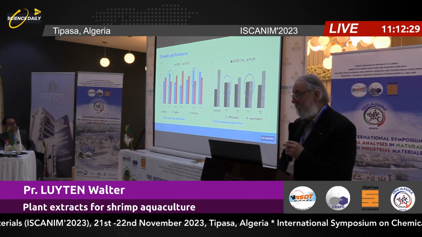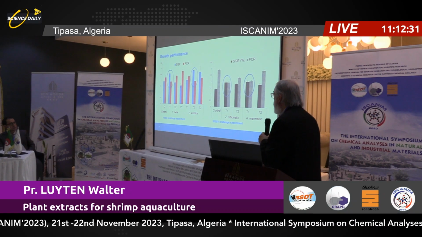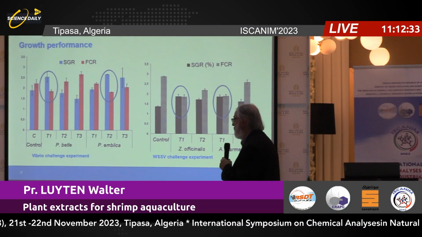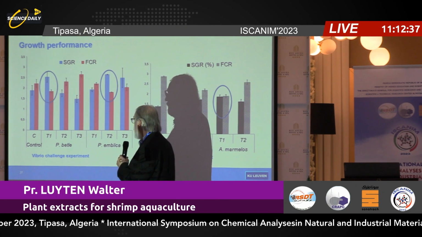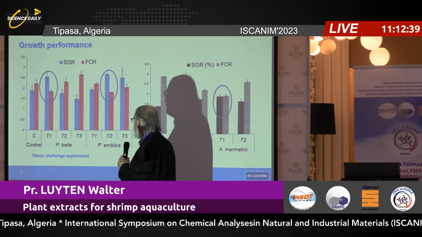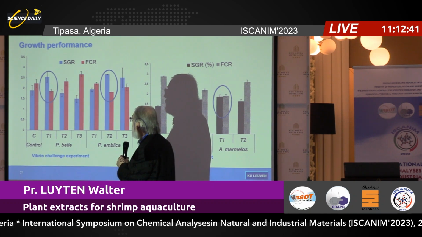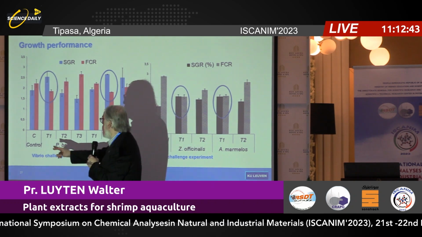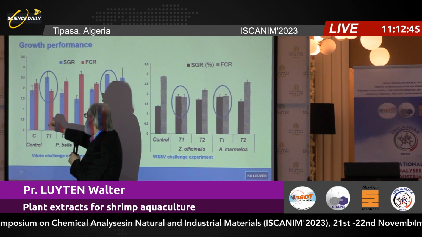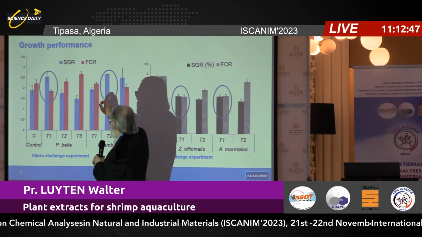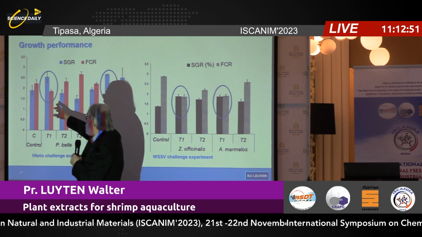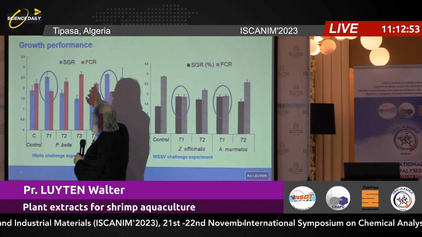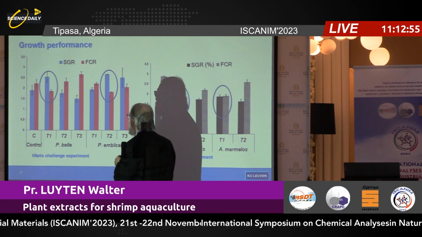And so what we found is that for 2 of these plants, Piper betle and Piper emblematica, compared to control, they increased the growth rate significantly and did so with the improved feed conversion. So you see that the feed conversion is better than the control.